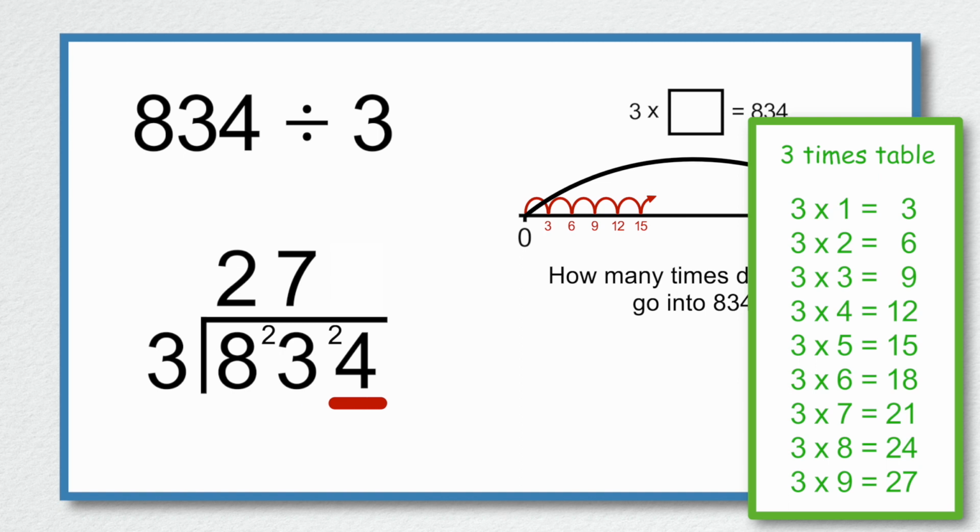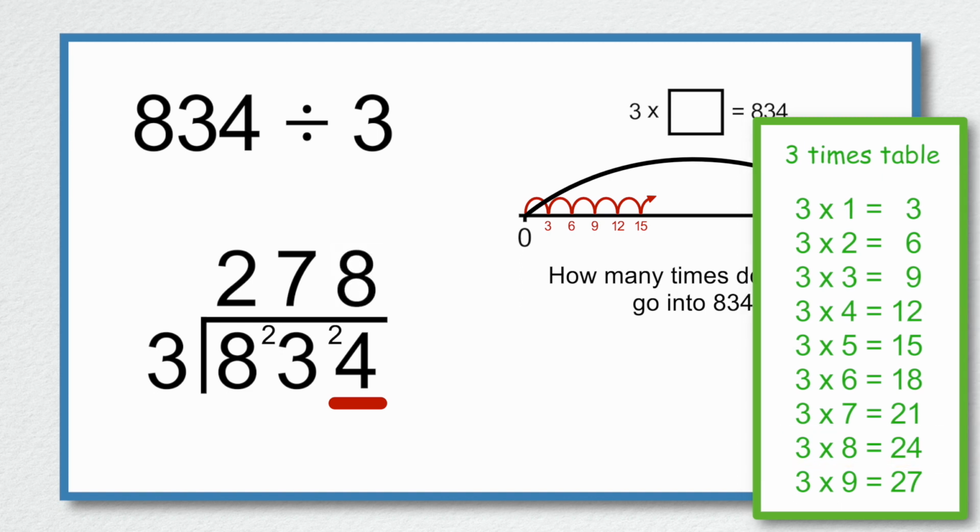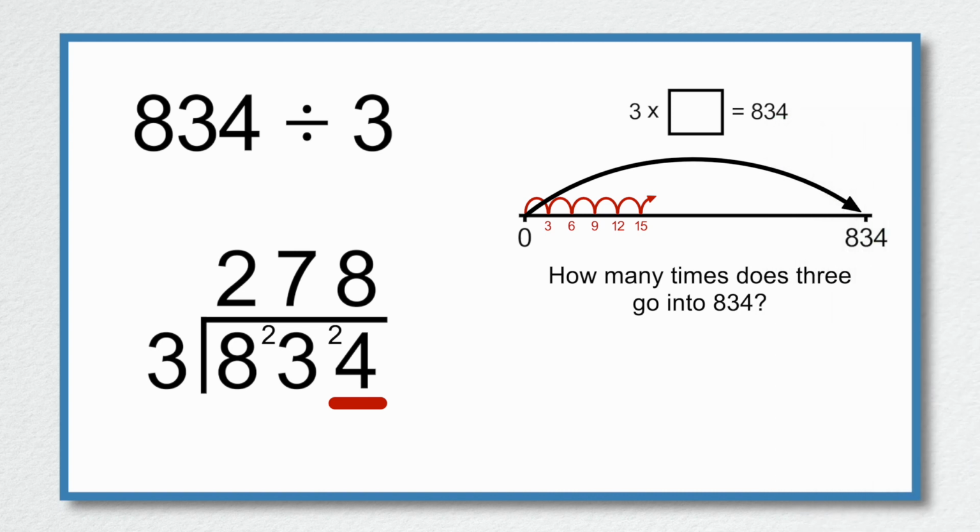We now do 24 divided by 3, and 3 goes into 24 8 times. So our answer is 278. So 3 multiplied by 278 is 834.